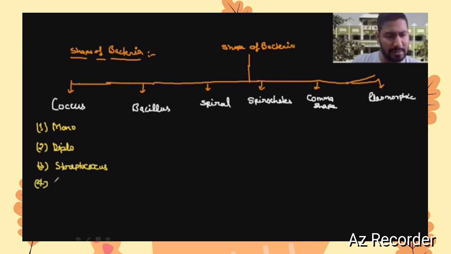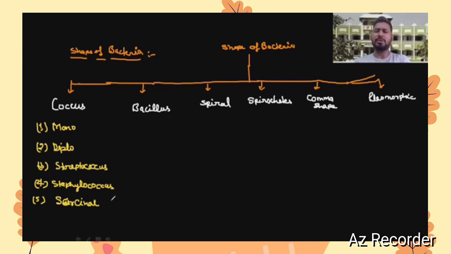Fourth one is the staphylococcus, and one more, the last one, which is known as the Sarcini, that is Sarcini, a tube-like structure. Okay. So this is the coccus. If you see, they have classified into the monococcus, diplococcus, streptococcus, staphylococcus, and Sarcini.